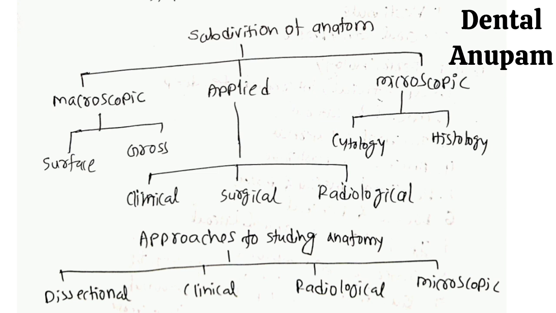Microscopic anatomy. Microscopic anatomy is the study of structures in minute detail with microscopy. It consists of the following: cytology, study of cell; histology, study of tissue.